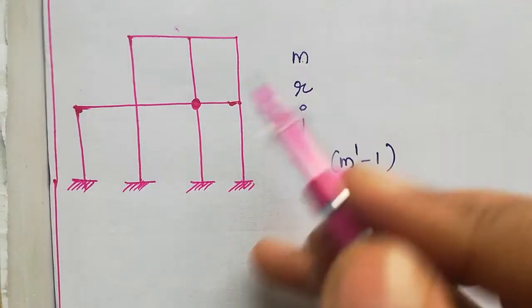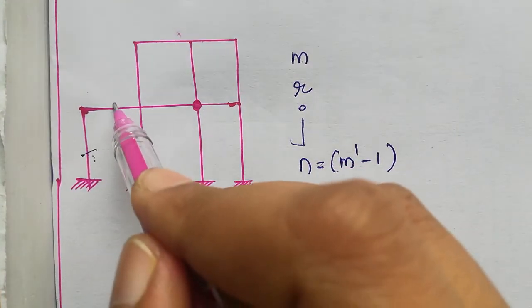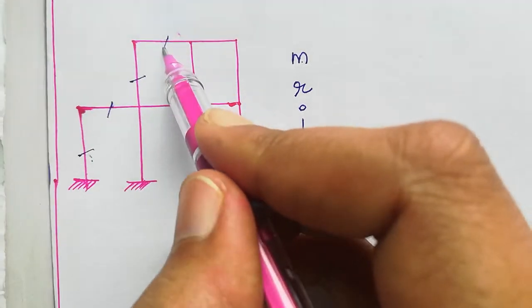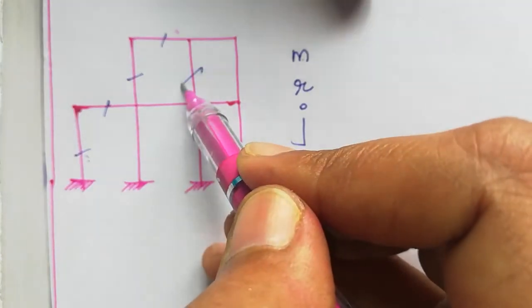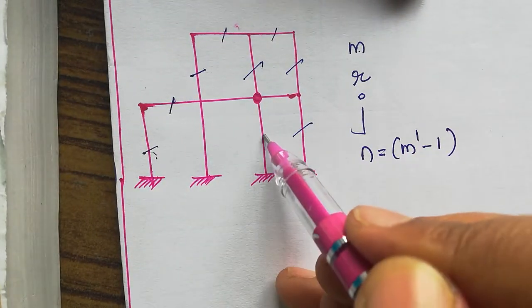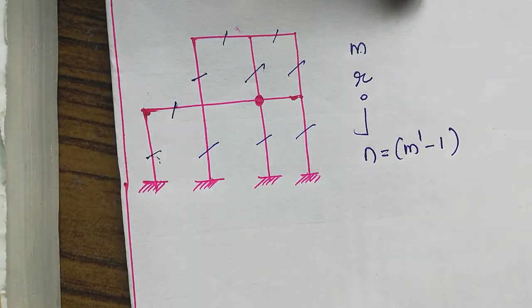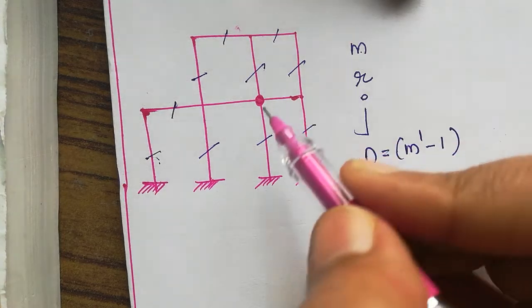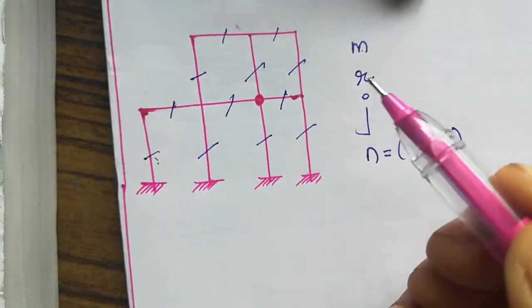Number of members: 1, 2, 3, 4, 5, 6, 7, 8, 9, 10, 11 and 12.